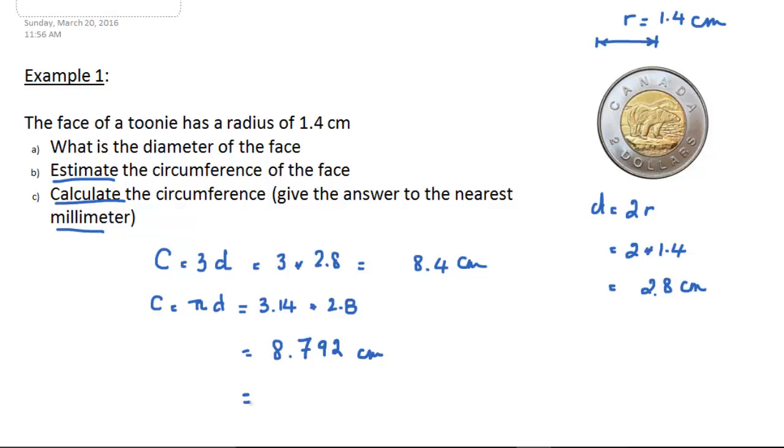If I need it to the nearest millimeter, I can multiply by 10, so 87.92 millimeters. But because it says to the nearest millimeter, that means I don't accept any decimal. In this case, the 9 makes it 88 millimeters without any decimal, and this will be the answer.